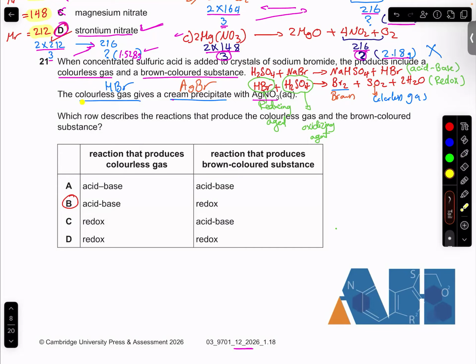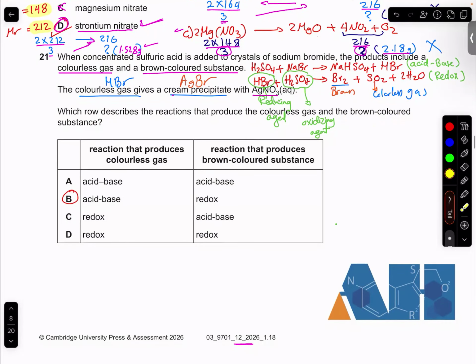Then the colorless gas, which is hydrogen bromide, when we add it to silver nitrate, silver bromide is formed, which is a cream precipitate. Which row describes the reaction that produces the colorless gas and the brown colored liquid substance?